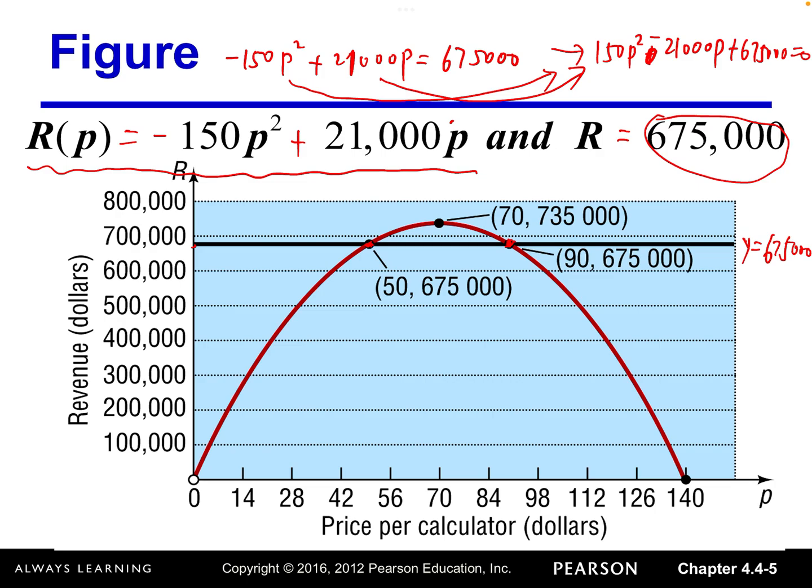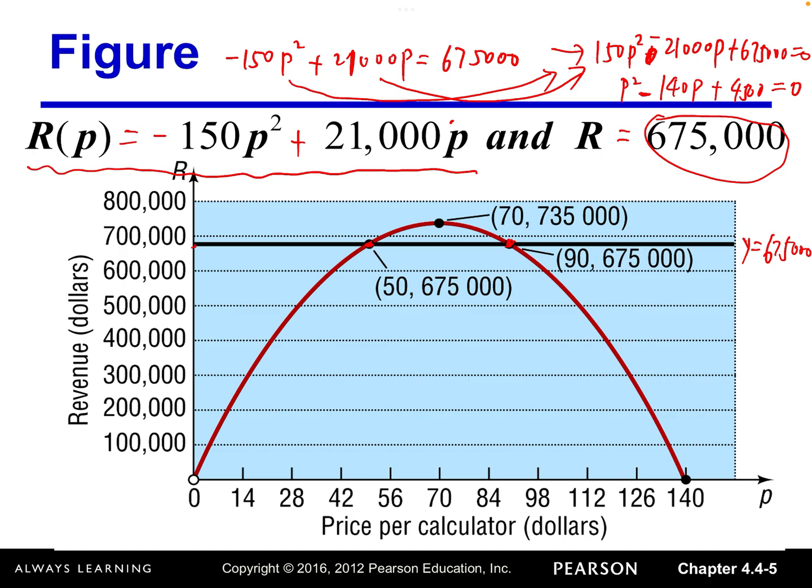And then we get p squared minus 21,000 divided by 150, which is 140, so 140p, plus 675,000 divided by 150, which is 4,500, equals 0.